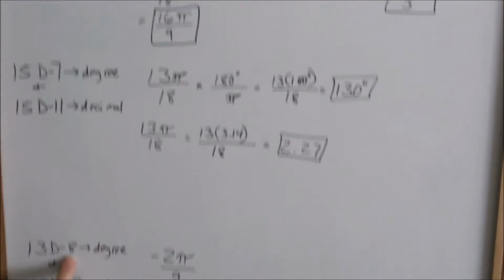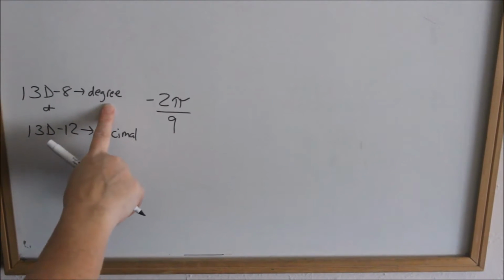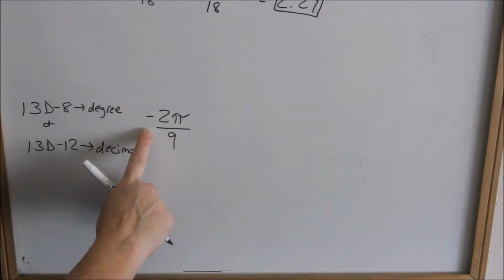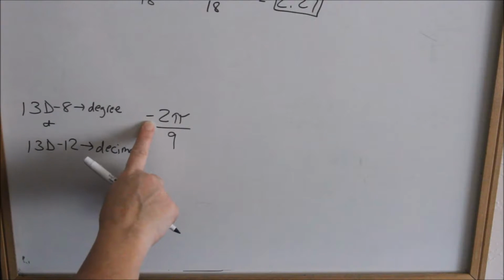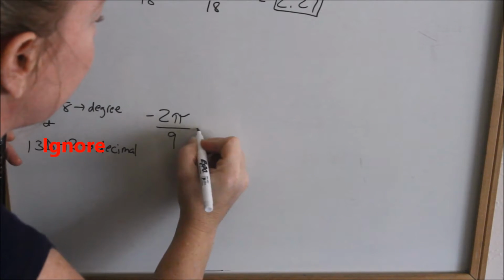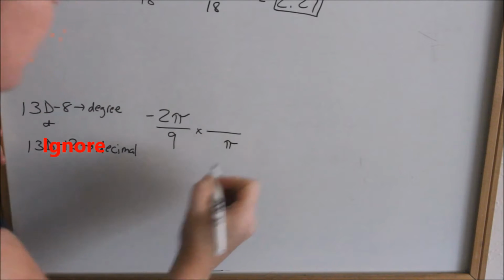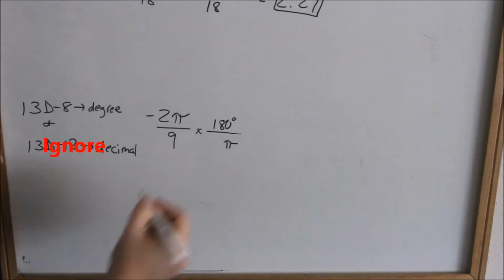13D number 8. We have negative 2 pi over 9. The first thing they're asking us is to convert it into degrees, into a different unit. Negative just means the direction we are rotating. This means we rotate in a clockwise direction. So if we're converting to degrees, which means we want pi to go away, so it has to go in the denominator, and 180 degrees is the same thing as pi.